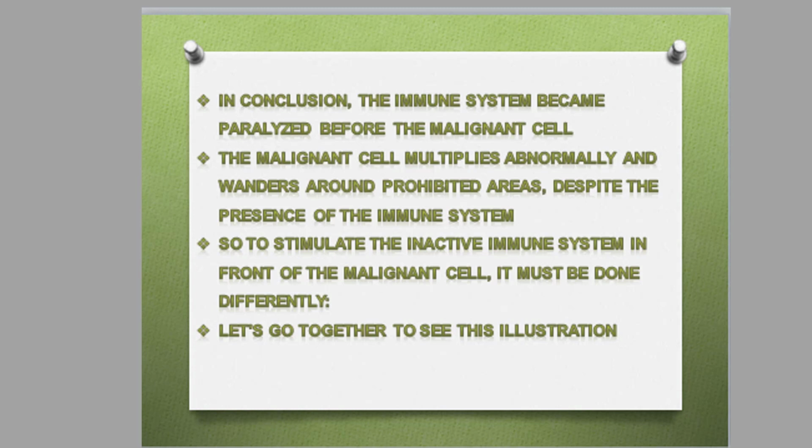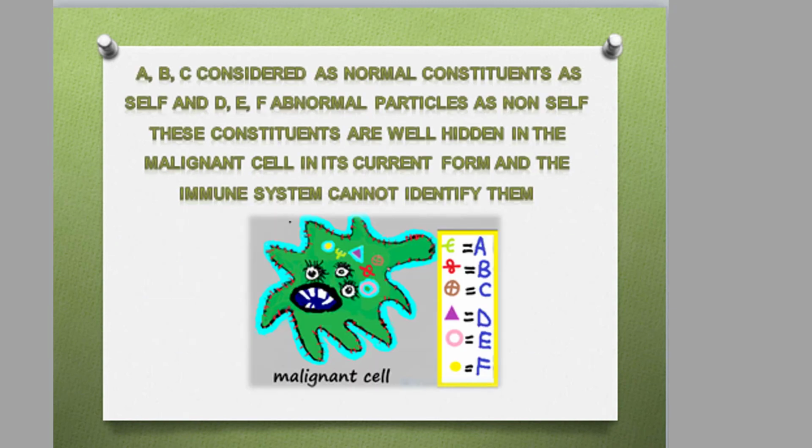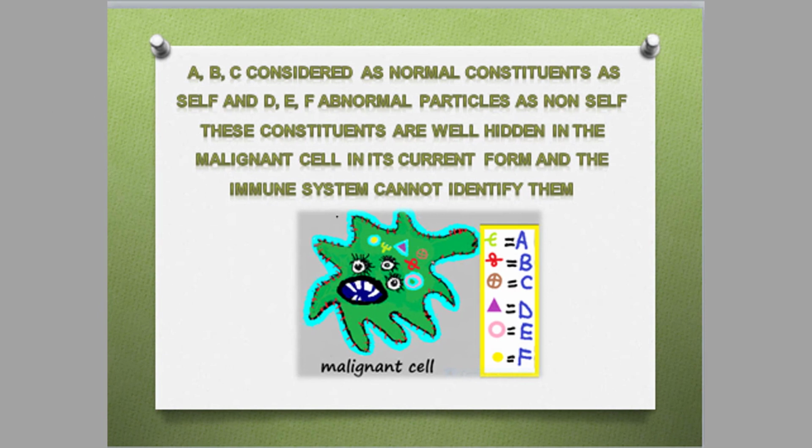So to stimulate the inactive immune system in front of the malignant cell, it must be done differently. Let's go together to see this illustration. A, B, C are considered as normal constituents, as self, and D, E, F as abnormal particles, as non-self.